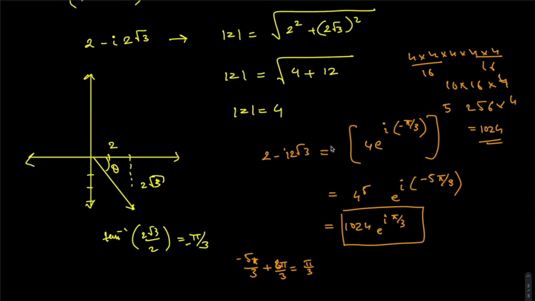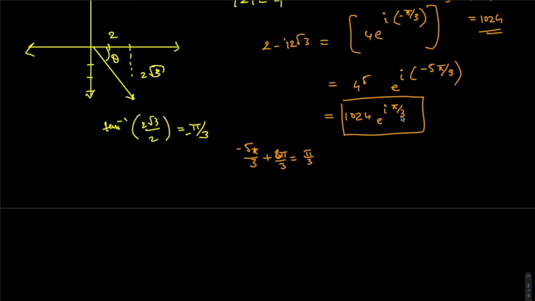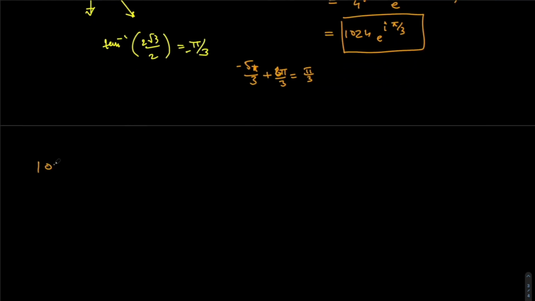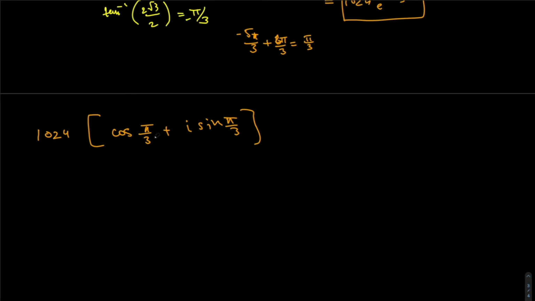But now remember, we want the answer in Cartesian form again. How am I going to do that? I'm going to convert Euler's form to polar form. So I'm going to have 1024 times cosine of pi by 3 plus i sine pi by 3. Now, I know cosine of pi by 3 is half.